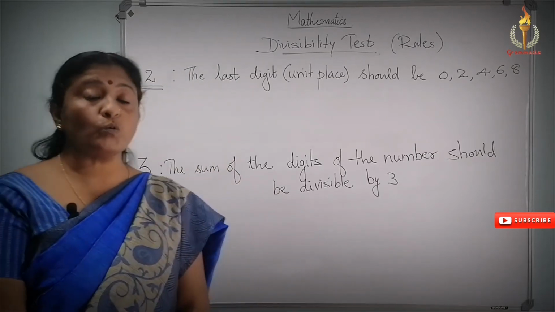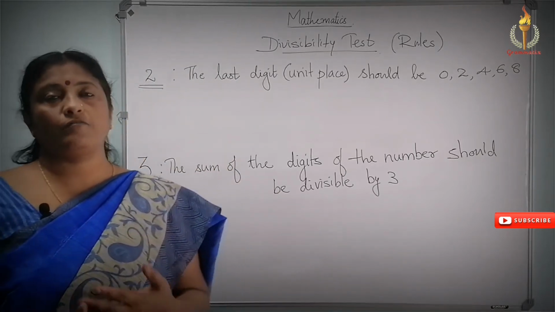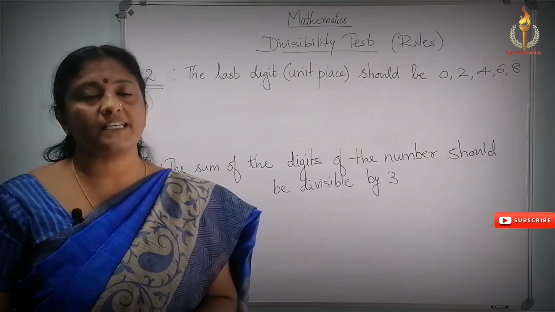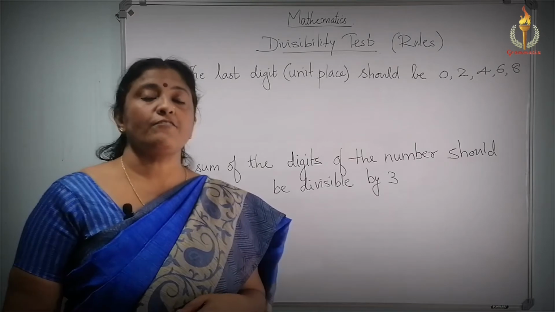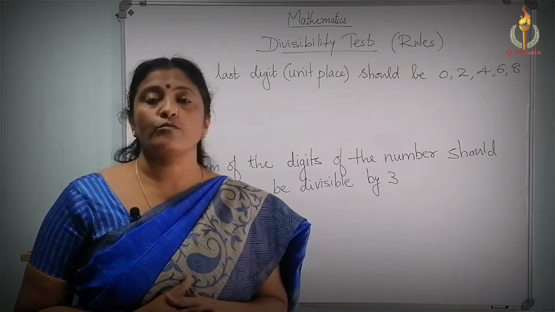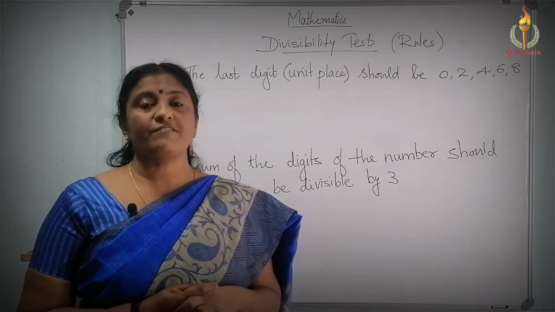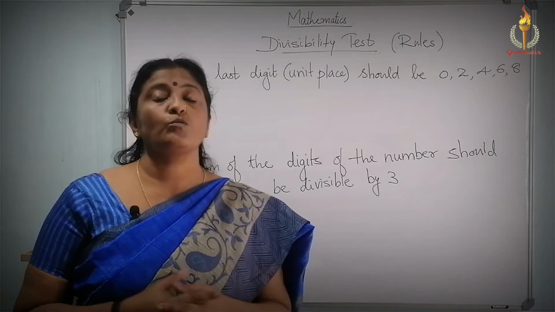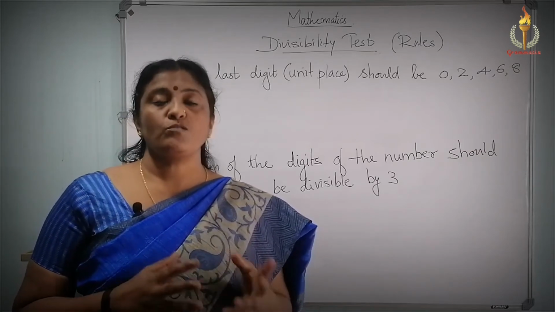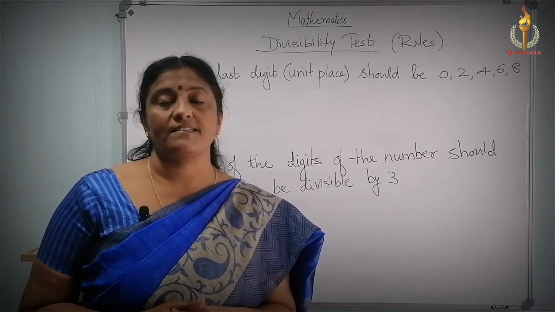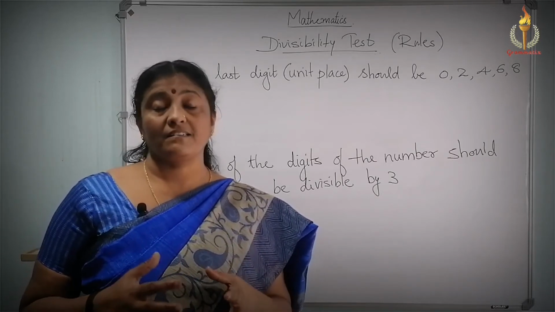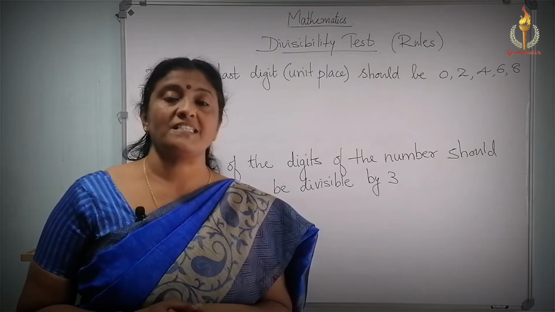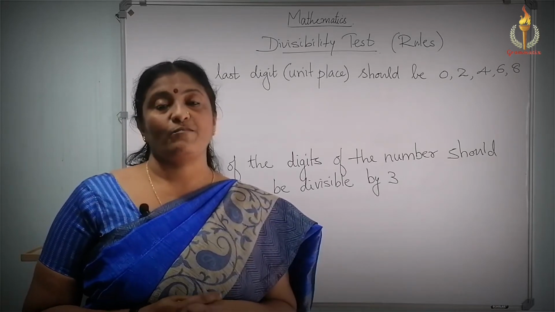So starting from 2. Where do we use this divisibility test? A divisibility test helps us to see if a 3-digit or a 4-digit number is divisible by these numbers, 2 to 12. That means 2 to 12 are the divisors, and we are going to find out whether that 3-digit or 4-digit number is divisible by these divisors.